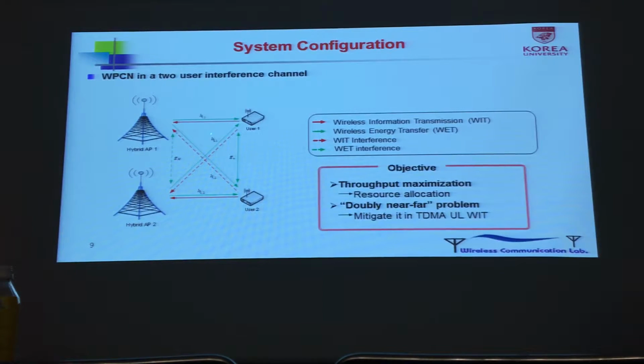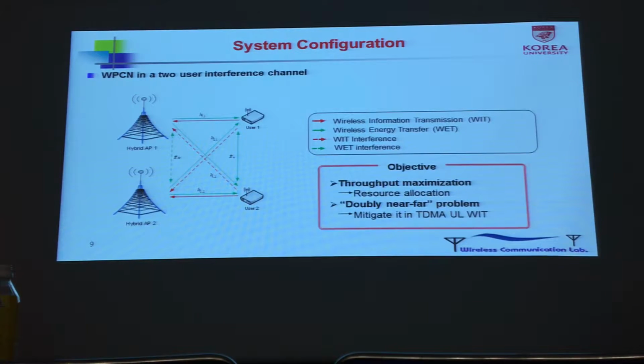For example, on the downlink side, the signal coming from hybrid access point 1 may reach user 1. As I mentioned before, in the traditional communication system, such an undesired signal has been regarded as interference, which needs to be canceled or mitigated properly.